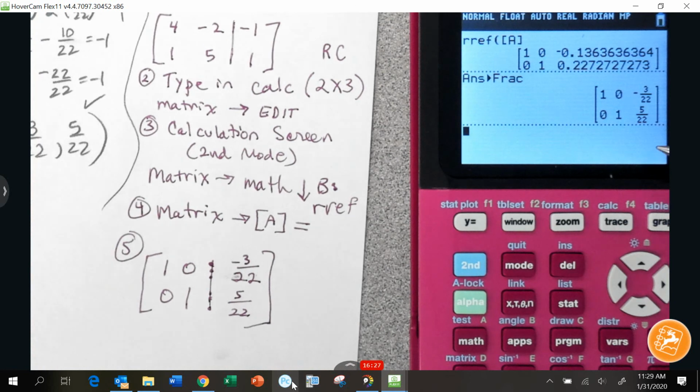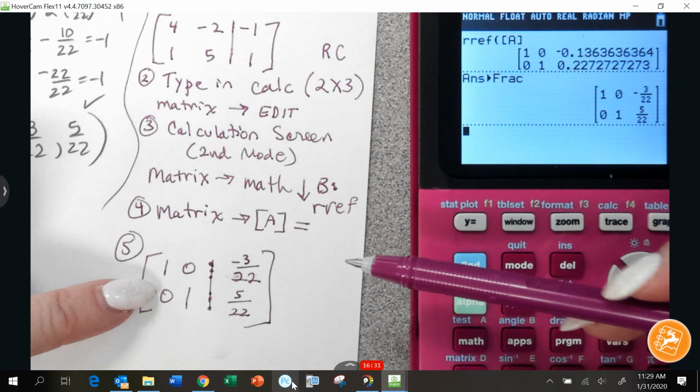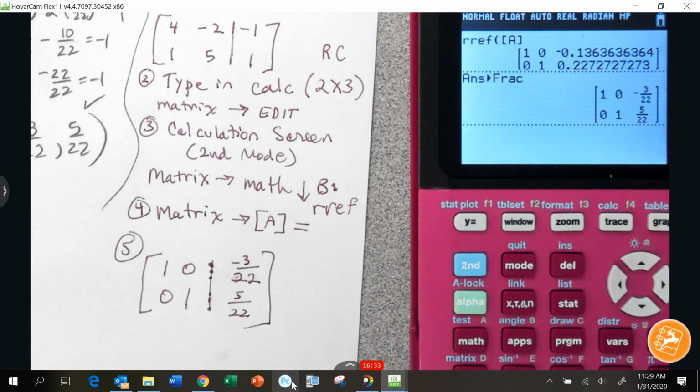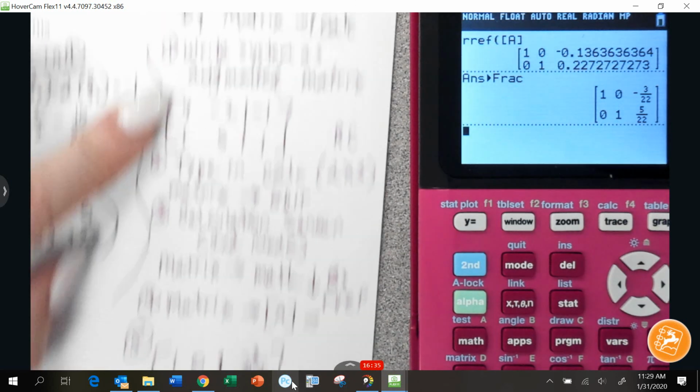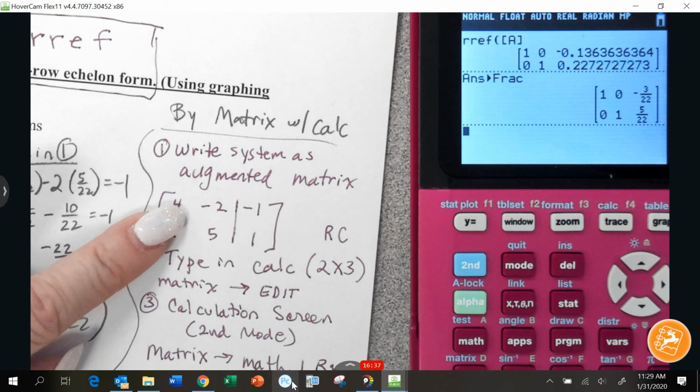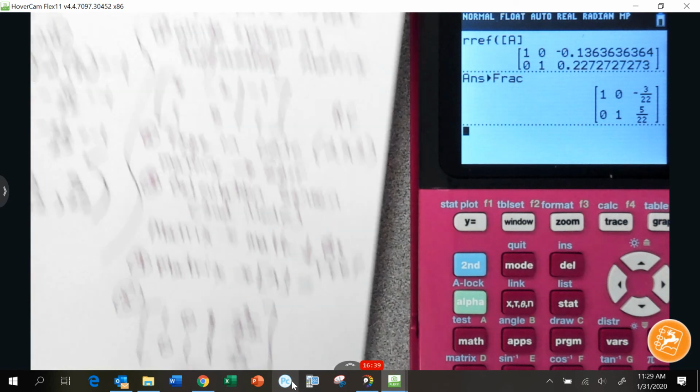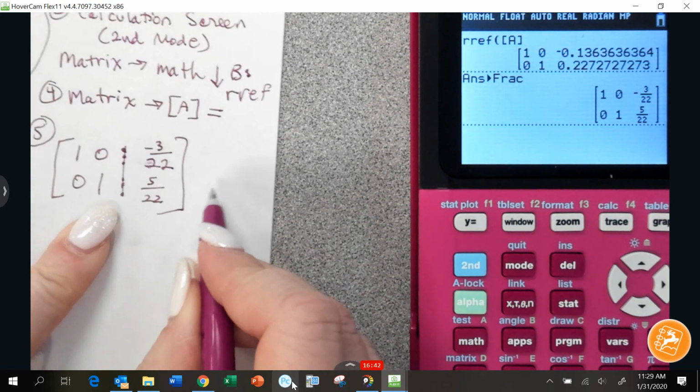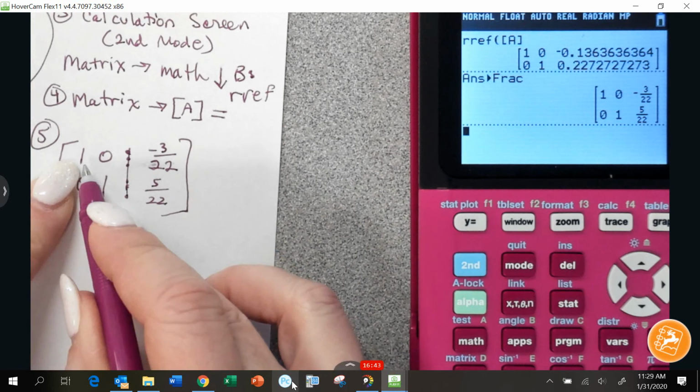They will give you an augmented matrix as the answer. We can take this augmented matrix and put it back into system form. So how we originally came up with the augmented matrix, you can take it back and put the letters back in. So if I make this back into system form, which variable is this one right here?